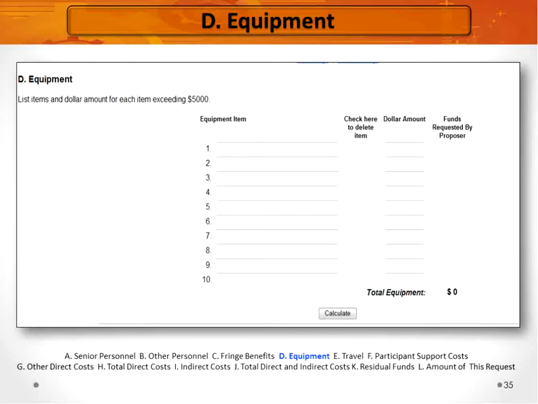So what that means is, in addition to the price of the equipment, you would want to factor in the cost of any attachments or accessories needed to make the equipment usable. So if you were purchasing a piece of equipment for the grant that cost $4,000, but you also needed 2 attachments that cost $500 each to make it usable, then that would bring your total acquisition cost for this piece of equipment to $5,000, and it would be budgeted here in this category.